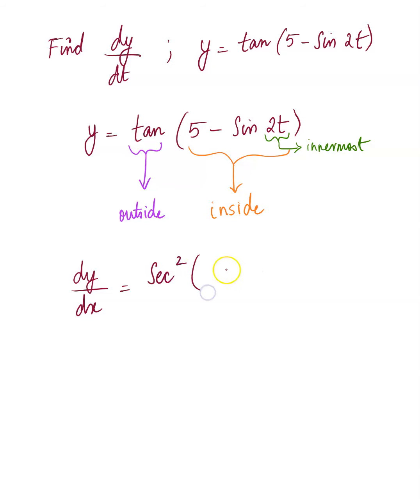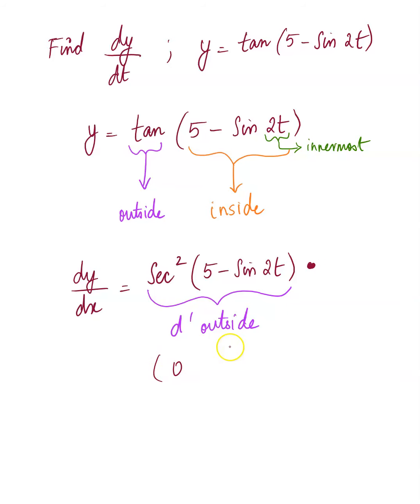Secant squared of this entire function, so leave the inside alone. Okay. This is derivative of outside times derivative of the inside. So that's going to be, always write them in parentheses because you can have multiple terms.